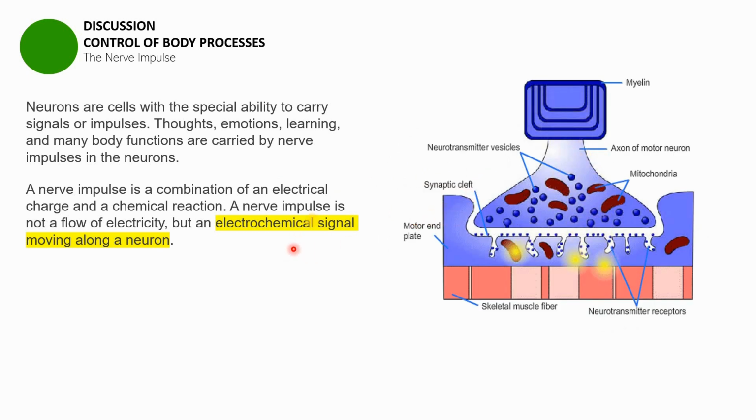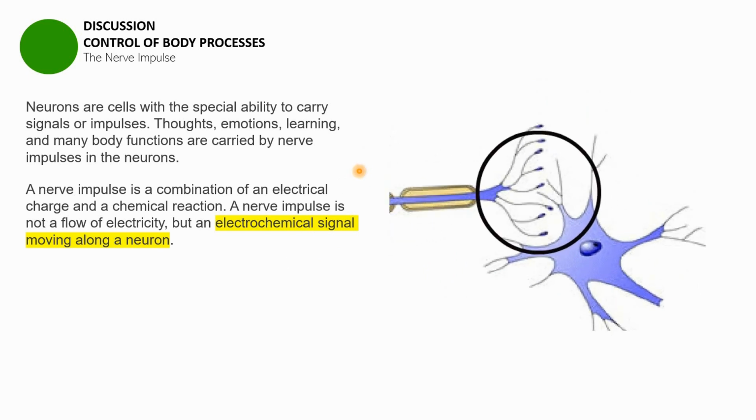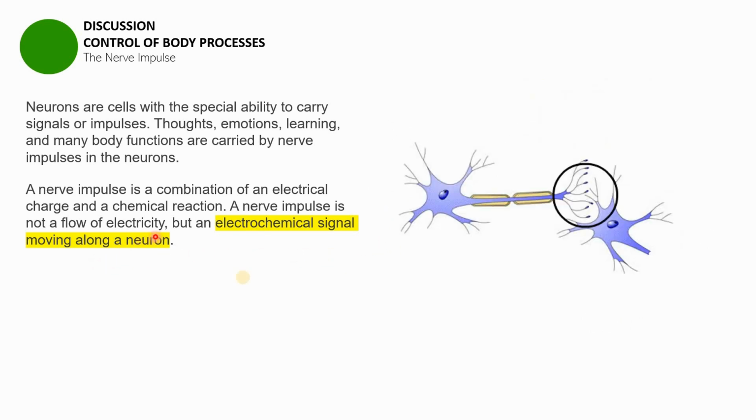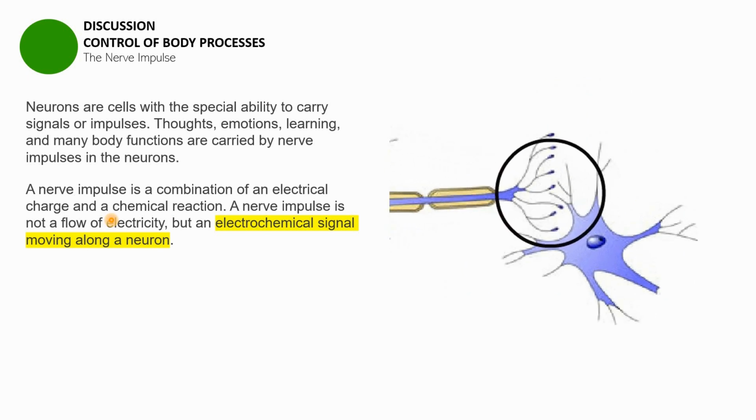Now, a nerve impulse, in simple terms, could not just be considered simply a flow of electricity kasi nga may chemical siya. Okay, so you cannot just say that the nerve impulse is purely electrical in nature.